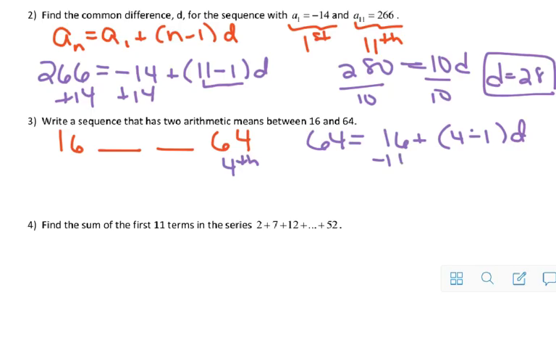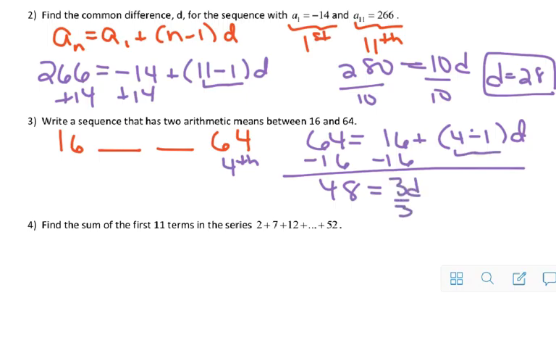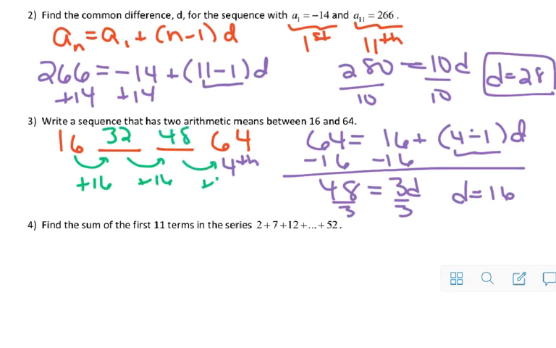So first subtract 16, and you'll get 48 is equal to 3d. Then divide by 3, and you'll find out that the common difference is 16. Well, now that I know the common difference is 16, I can find the other 2 numbers. So plus 16 is going to be 32, and plus 16 is going to be 48. And if you add 16 again, you should get 64.